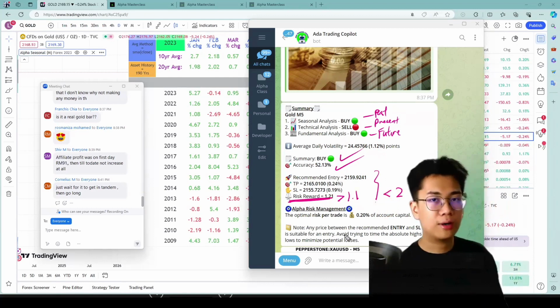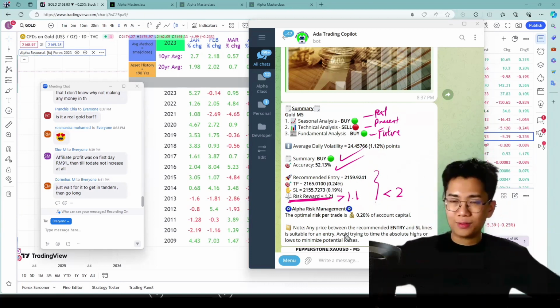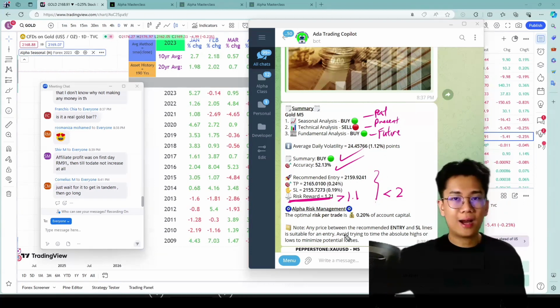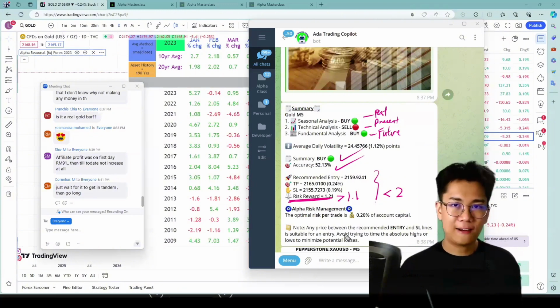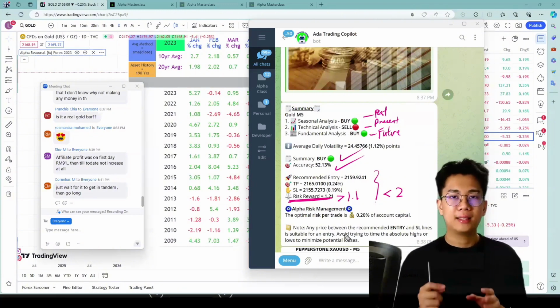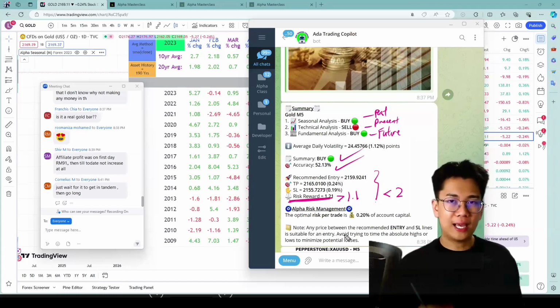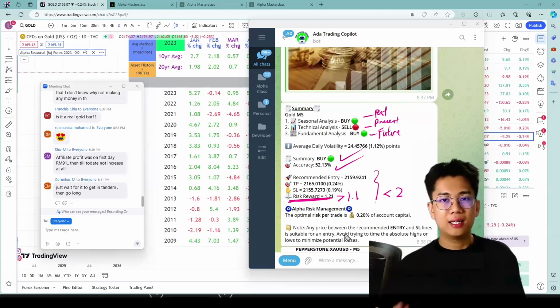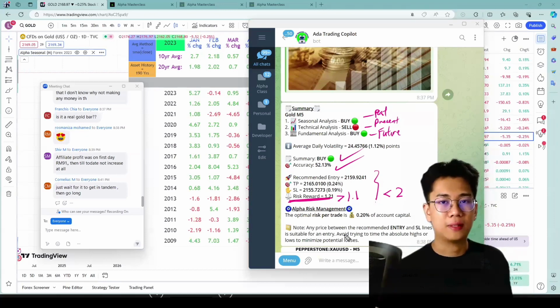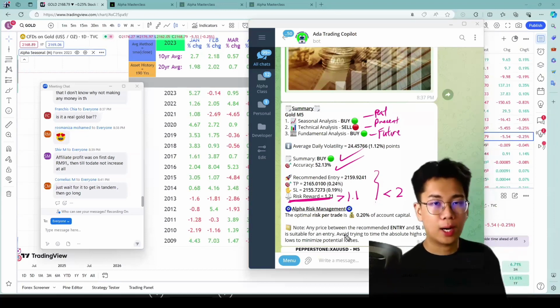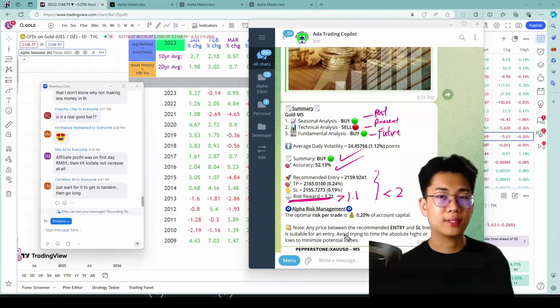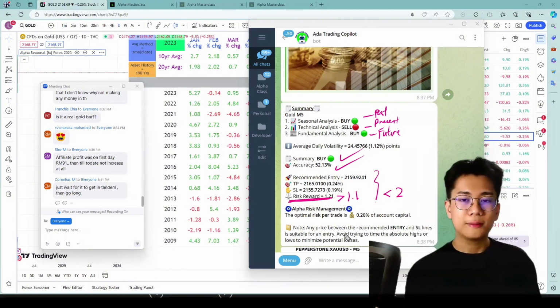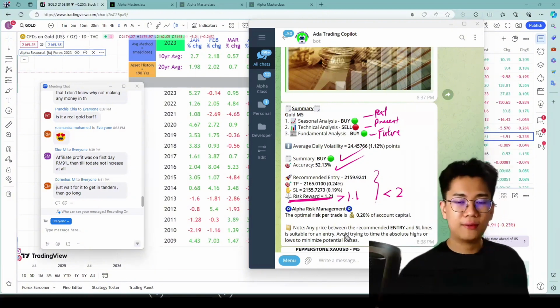If you see a risk reward that is much higher, like 1 to 3, 1 to 4, 1 to 5, it is good to have, but the chance of it replicating is very, very hard. So don't aim for that. Risk reward of 1 to 5, 1 to 10 is very, very hard to happen. 1 to 2 is okay for you already.